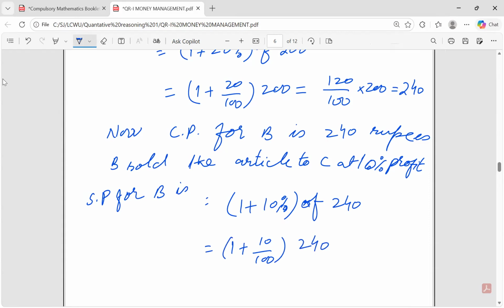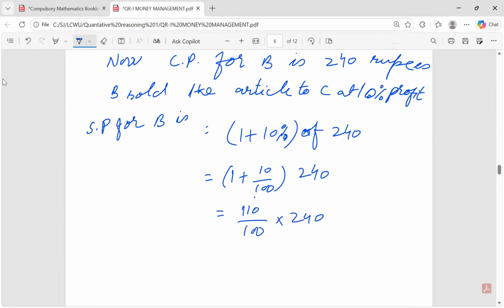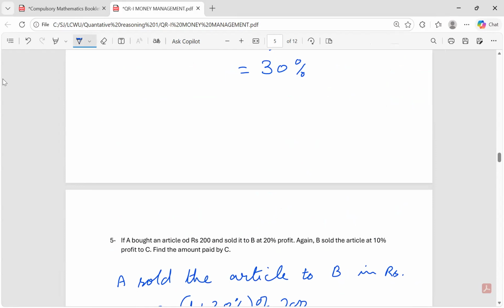That is equal to 110 by 100 multiplied by 240. So if you simplify it, you will have 11 fours are 44 and 11 twos are 22 plus 24 is 264. So the sale price for B is 264.